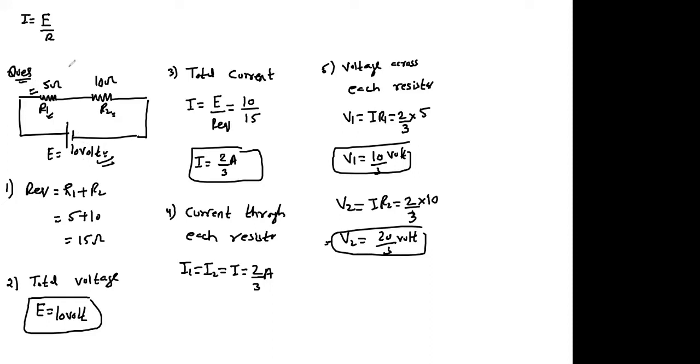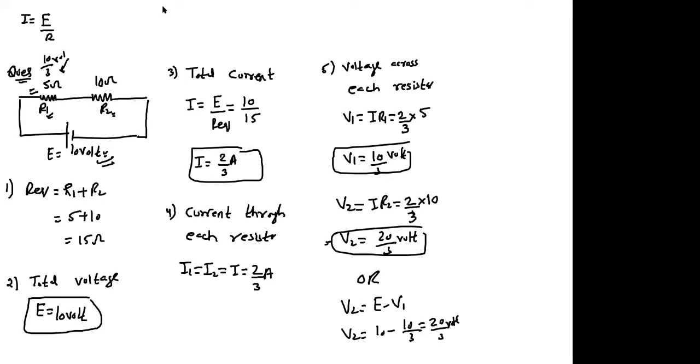Out of this 10 volts, 10 by 3 is across 5 ohm. It's dividing. The total voltage across the circuit is provided by the cell. This voltage is being divided into two parts. So if the voltage across this 5 ohm is 10 by 3 volt, the remaining would be across this 10 ohm. So you can even calculate V2 as total EMF minus V1. Total EMF is 10, V1 is 10 by 3, so that's 20 by 3, right?